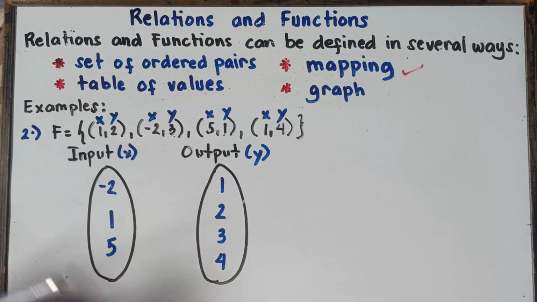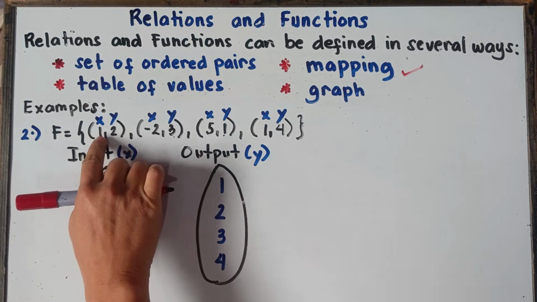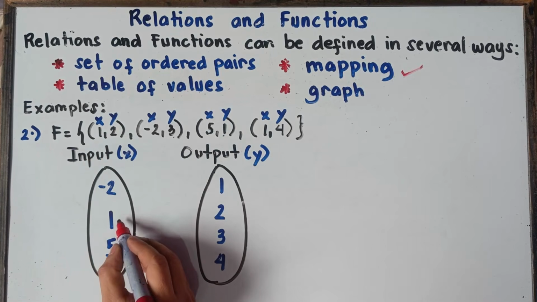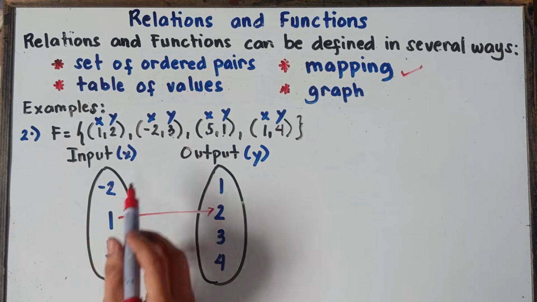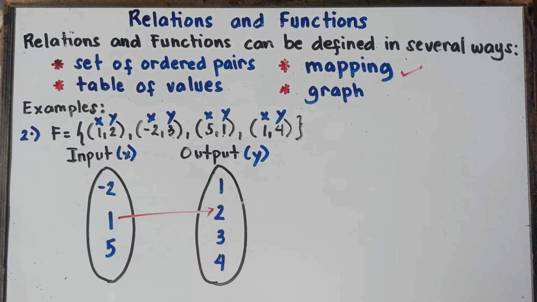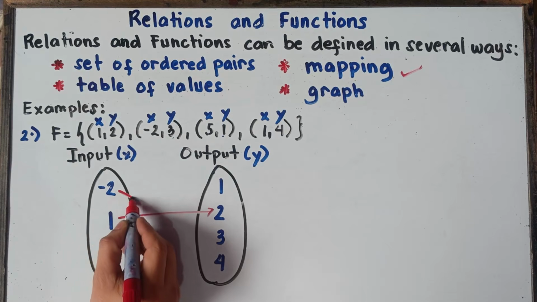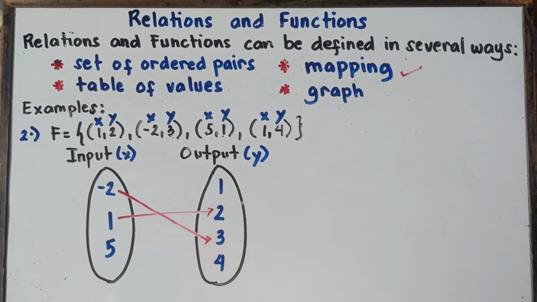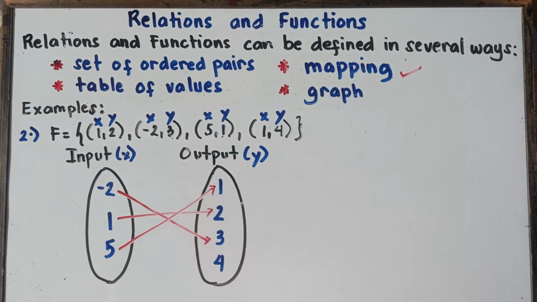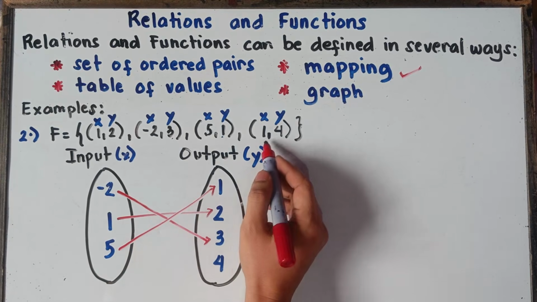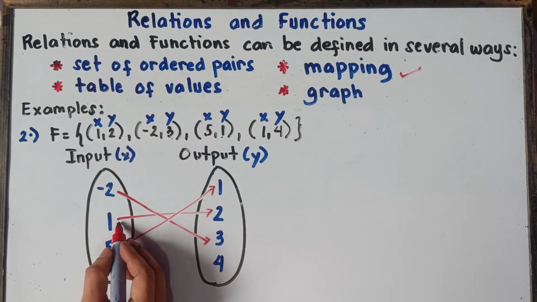Given the ordered pairs: we have 1 and then 2, this one right here. We have -2 and then 3. And then we have 5 and then 1. Last one, we have 1 and then 4.